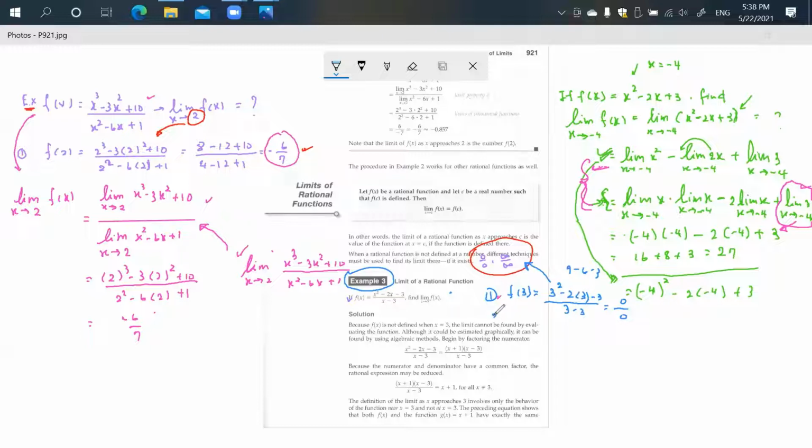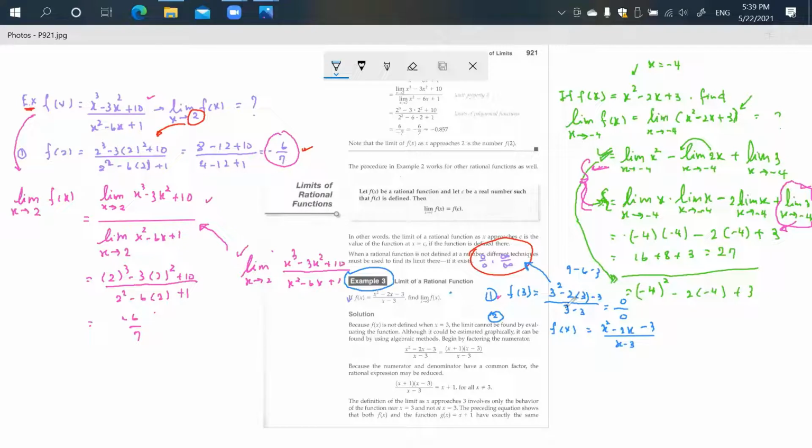Now, what is the second step going to do? Simplify, right? You can see this one can be simplified. You can write down f of x here equal to x squared minus 2x minus 3 divided by x minus 3.